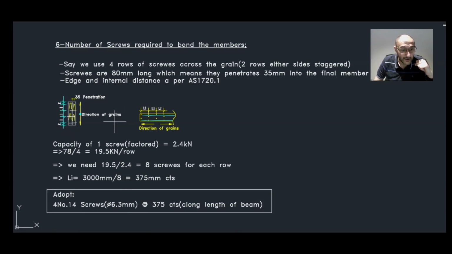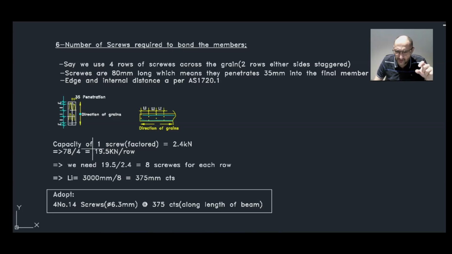So again, the Australian code shows all the requirements for the edge, internal, and end distances. From memory, I think it's table 4.8, but don't quote me on that. Please check it. It gives some information about the edge distance that we must maintain.